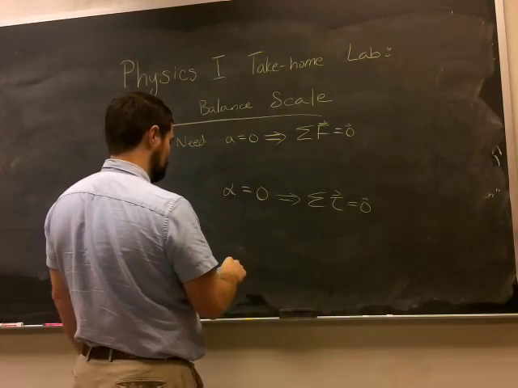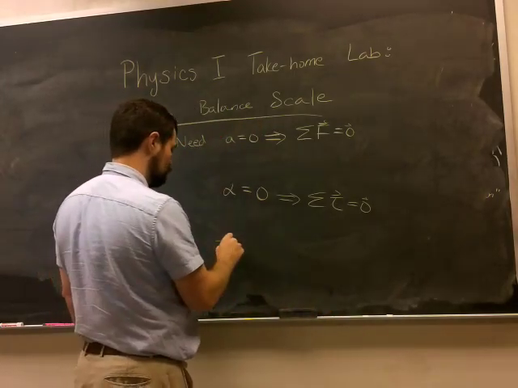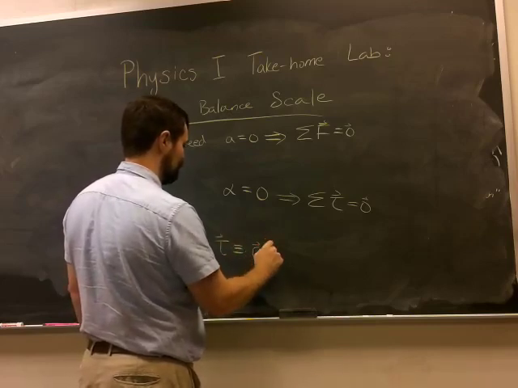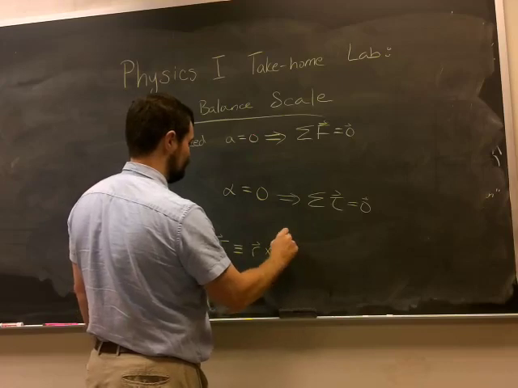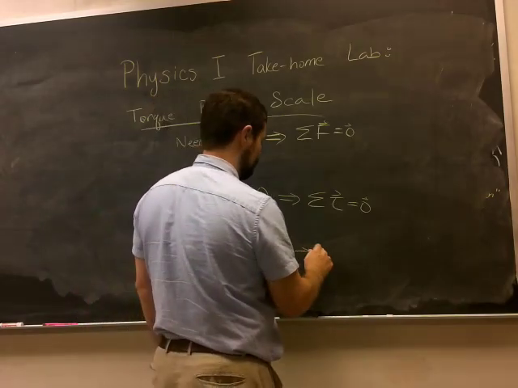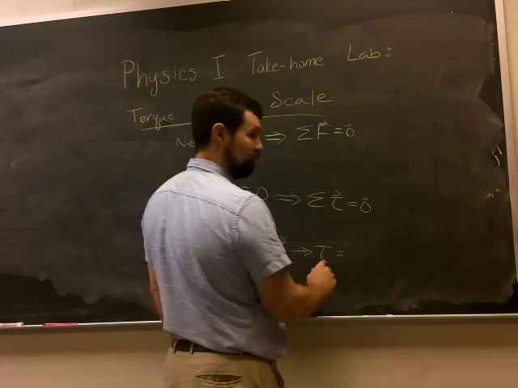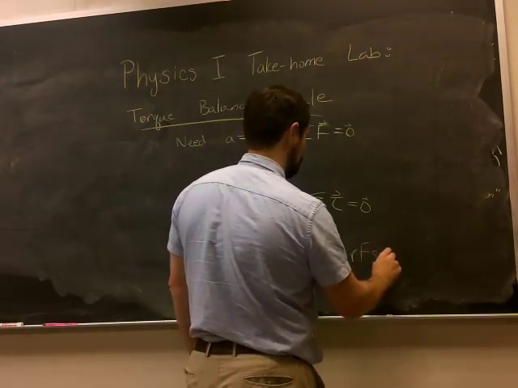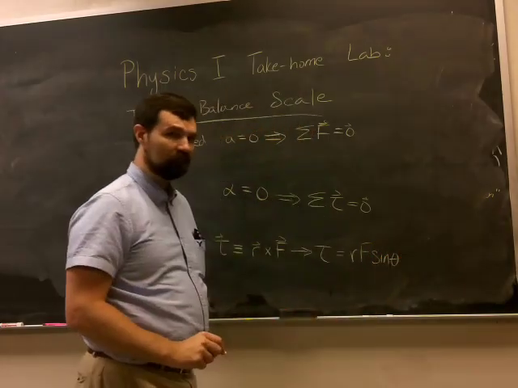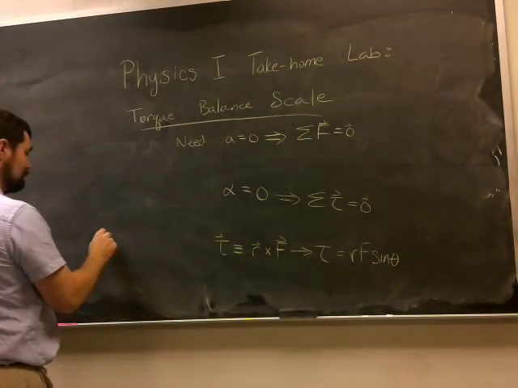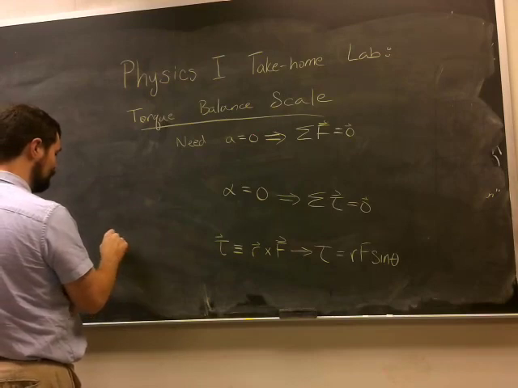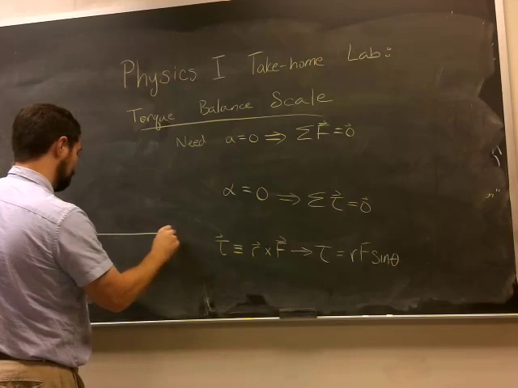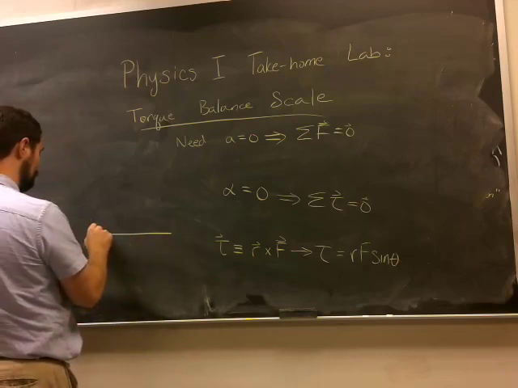And it should be noted that torque is defined by this relationship R cross F. Basically means that the magnitude of the torque is R times F times sine theta. And I will draw the attendant diagram over here somewhere. You might have, for example, a system like a wrench.